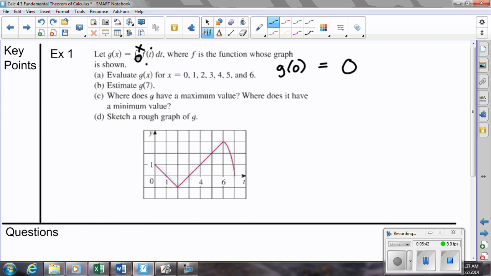Yeah, what's the area of something with 0 width? Nothing. What about the area between 0 and 1? Where is that region? Well, we're going in between 0, underneath the graph, over to 1, and so we're saying, what is that area? Well, we can visually see 1.5, so we get 1.5.